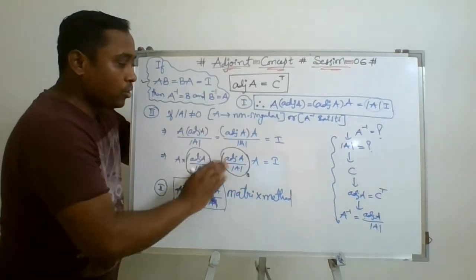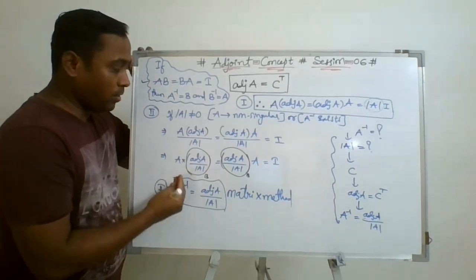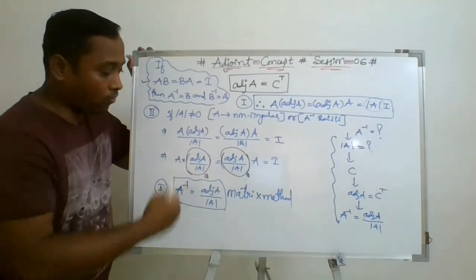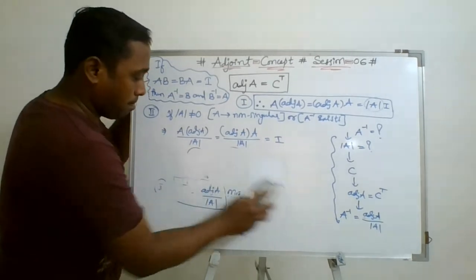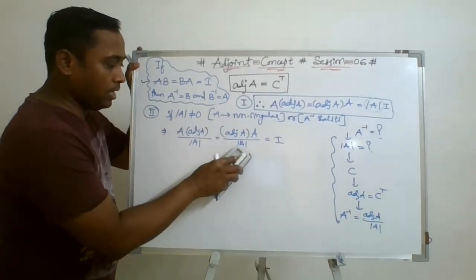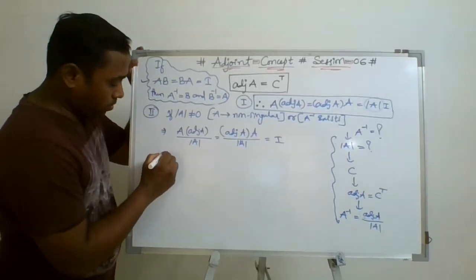Now, based on this calculation, we got the formula. Now I am expressing the same in a different manner to produce a different result. I am using the same result, but by expressing it differently, you will get a new result.